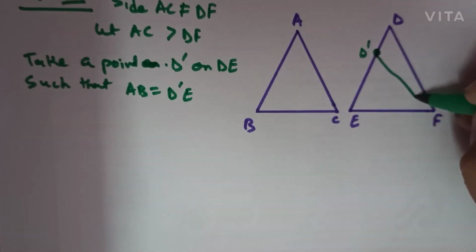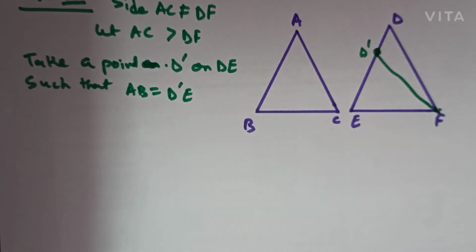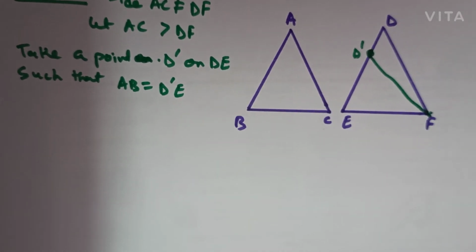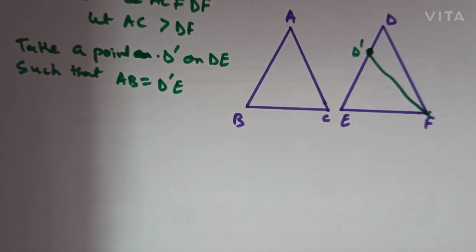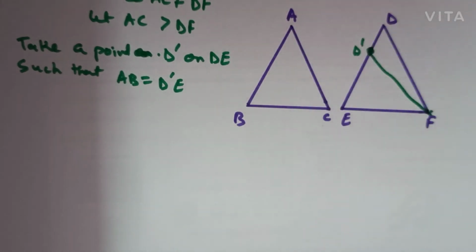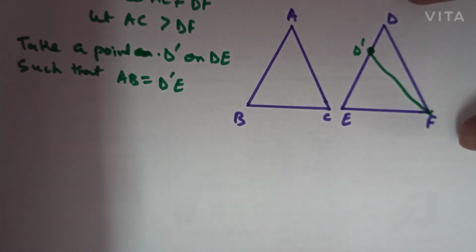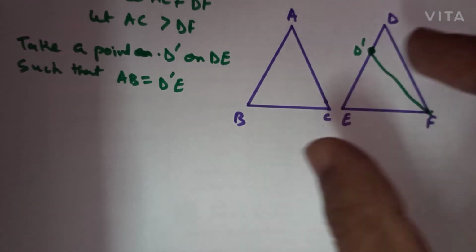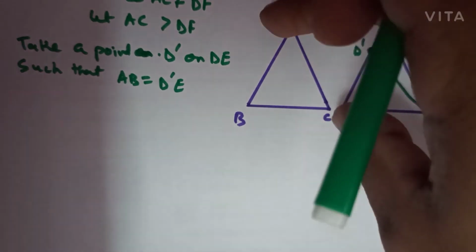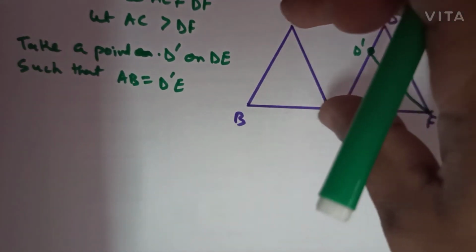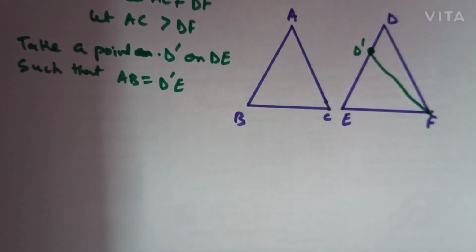So if AC is greater than DF, we will take a point D dash on DE such that D dash E will be equal to AB. Now, if AC is greater than DF, then it is obvious that AB will not be equal to DE; AB will be greater than DE.